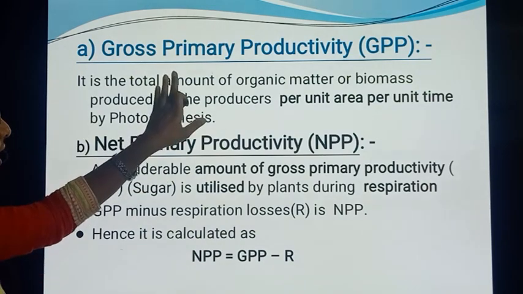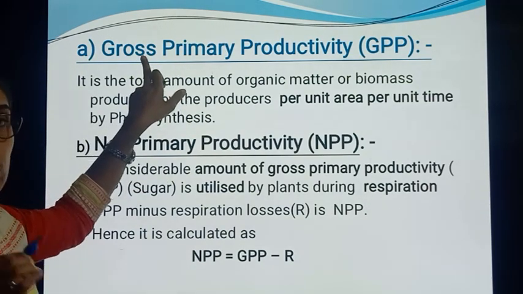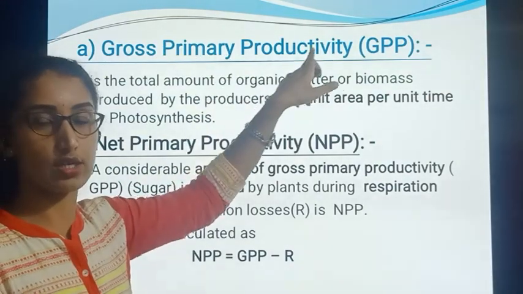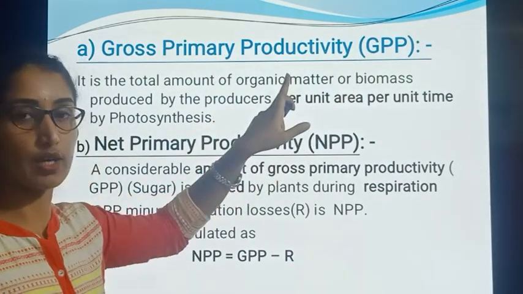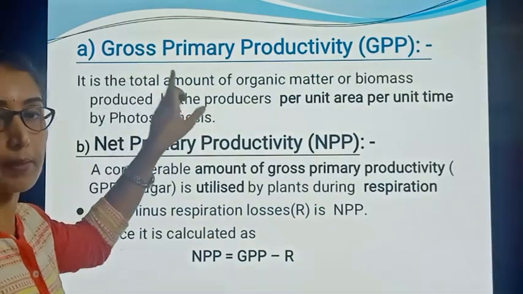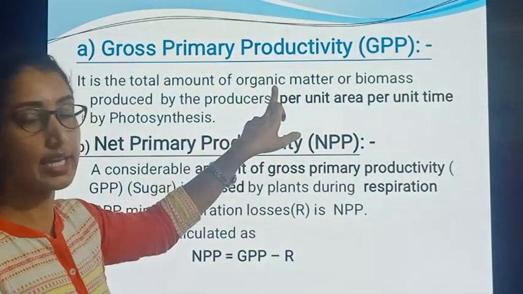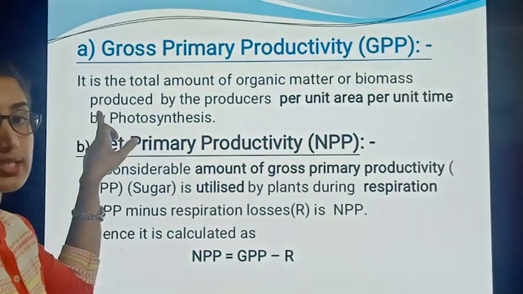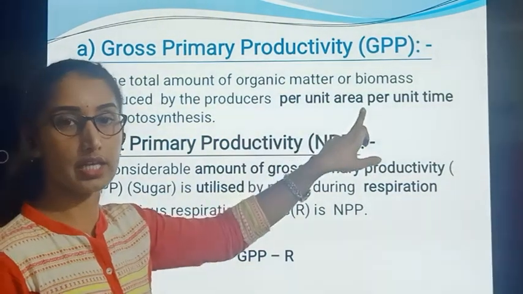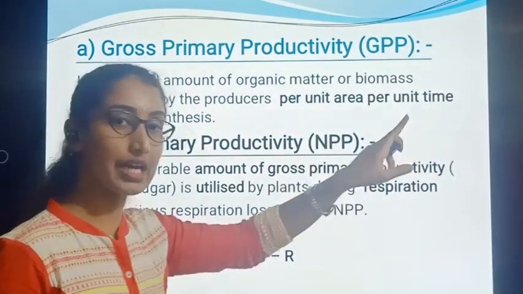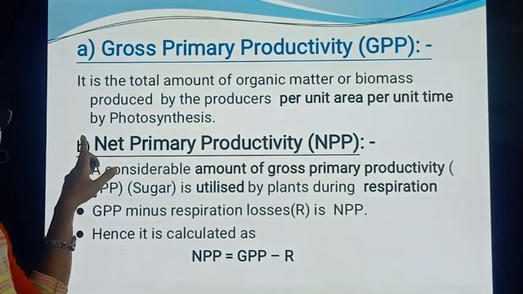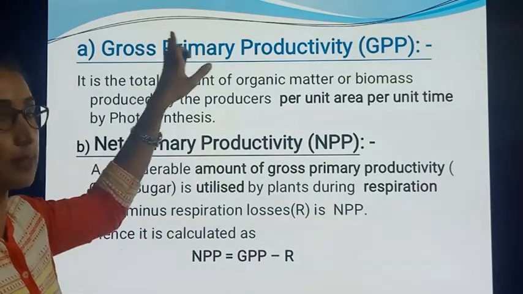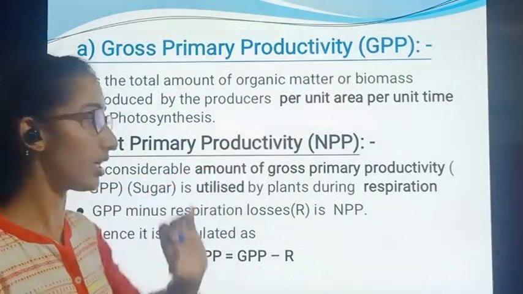I am repeating, gross is nothing but total. Gross primary productivity or GPP can be defined as the total amount of organic matter produced by the producers per unit area per unit time by the photosynthesis process.